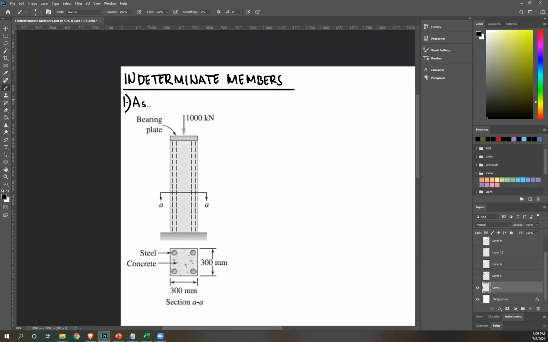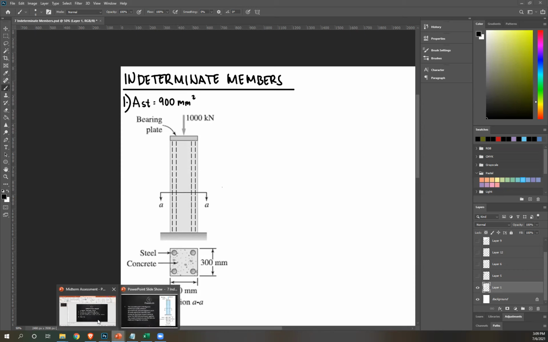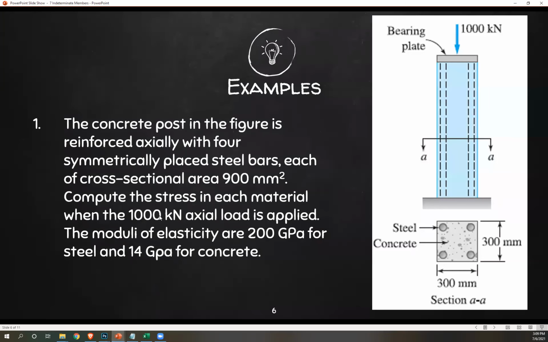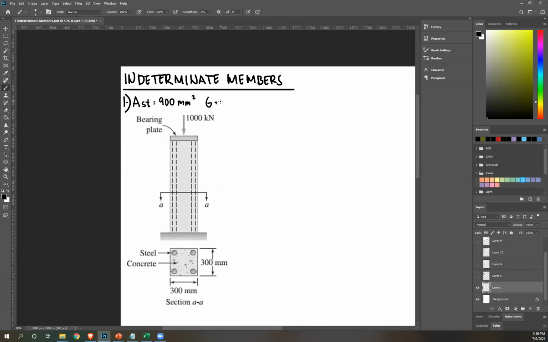Let's write A_st for area of steel bars, 900 millimeters squared. What else is given? Your 1000 kilonewton force, and then moduli of elasticity, 200 for steel, 14 for concrete. So E for the steel is 200 GPa, and E for concrete, let's call that E sub c, 14 GPa.